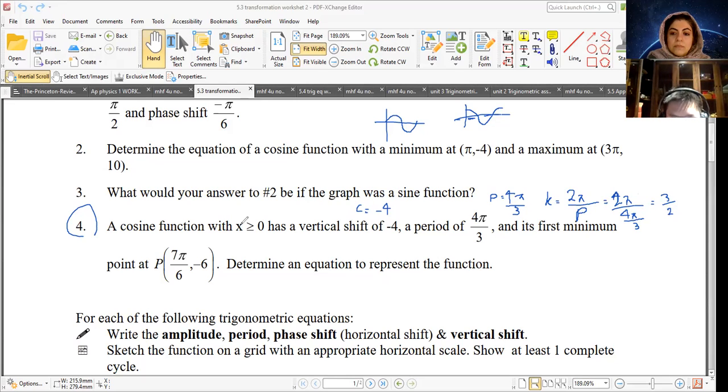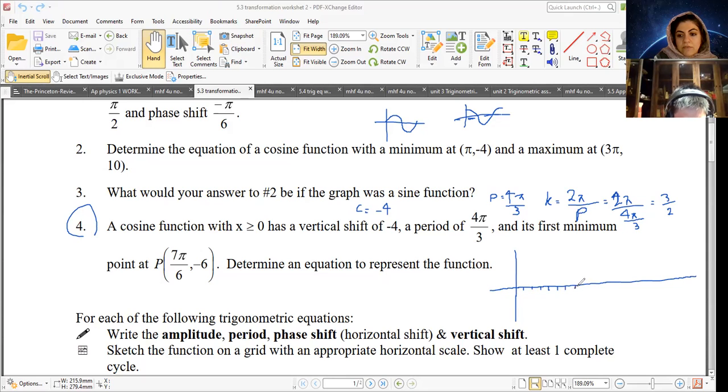First minimum is at point 7 pi over 6 and -6. Determine the equation to represent the function. Okay, let's just graph a little bit. Each unit is pi over 6. 1, 2, 3, 4, 5, 6, 7.